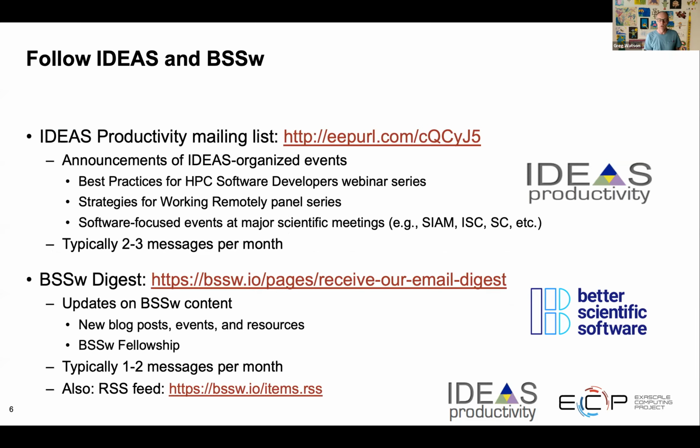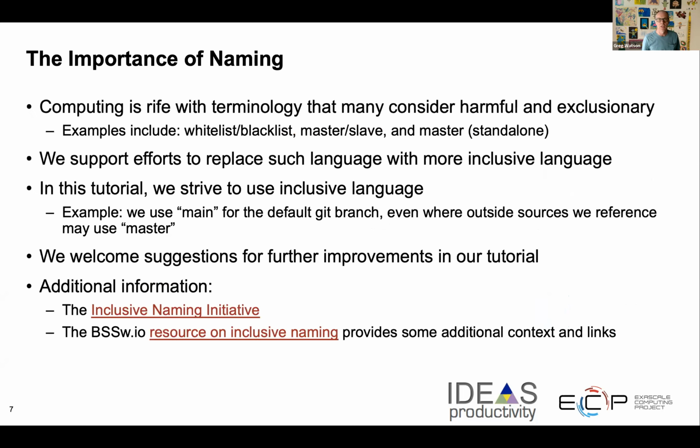There's also the BSSW Digest, which contains updates on new content, blog posts and events that go onto the BSSW website. Again, very low bandwidth. And there's also an RSS feed too, if you're interested in signing up for that. So those are easy ways to get connected with that community.